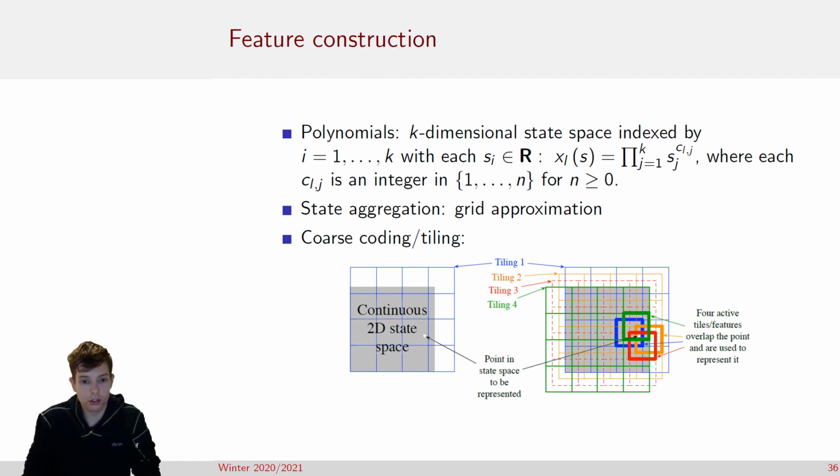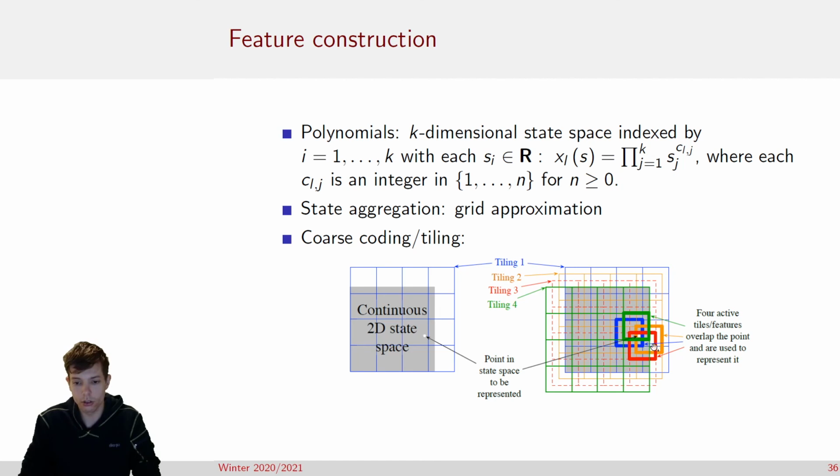Or one could use the so-called coarse coding or tiling, where we have in this example a two-dimensional state space. And we are not taking just a single grid, but we take different overlapping grids depending on the current location of our point. So this gray point here would activate different cells of these 4 grids.